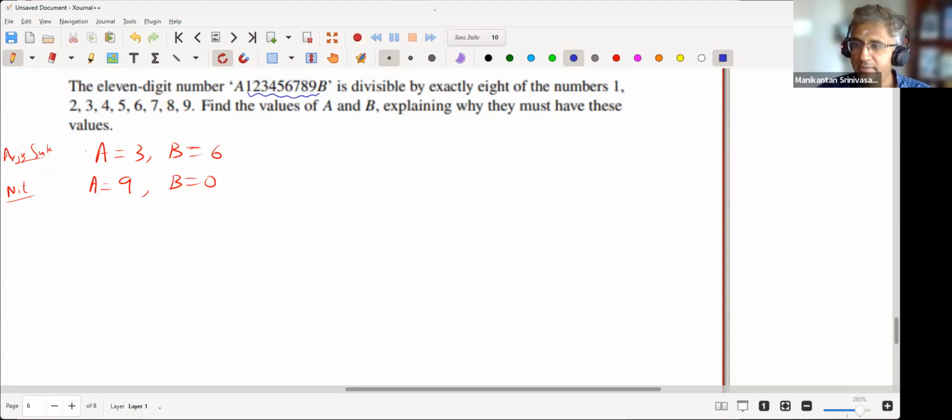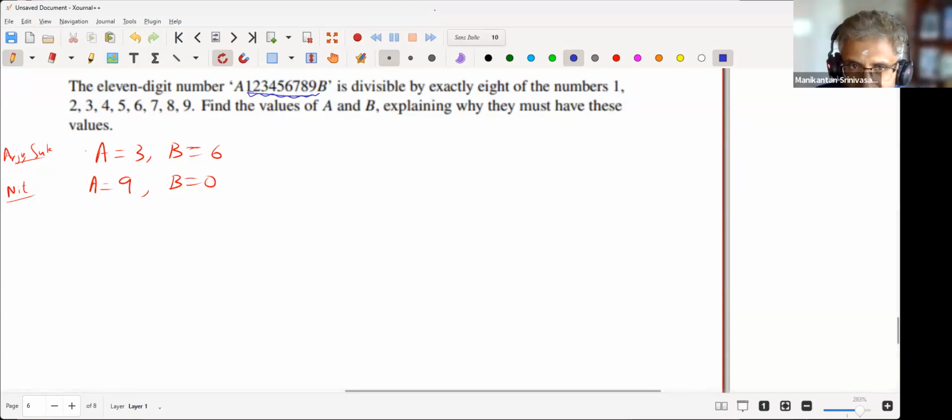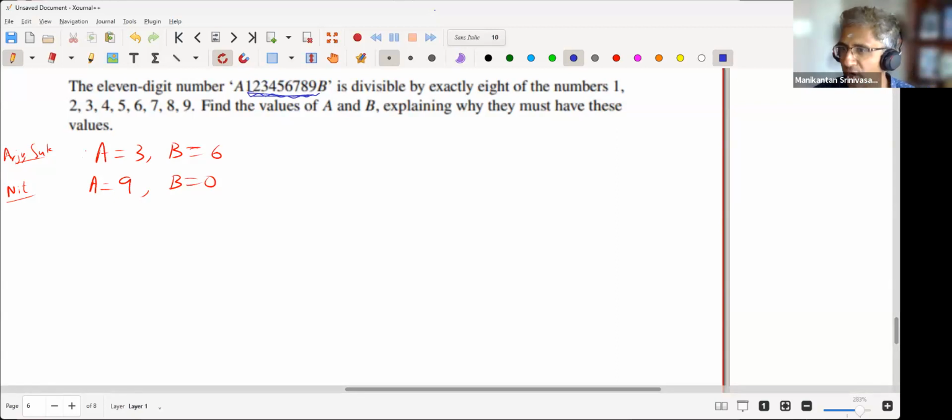Okay, but you're starting with the premise that the number is divisible by 9. That's what you're starting off. If I have to repeat what you said, just tell me if I'm wrong. 1 plus 2, so on till 9 is 45, which is divisible by 9.